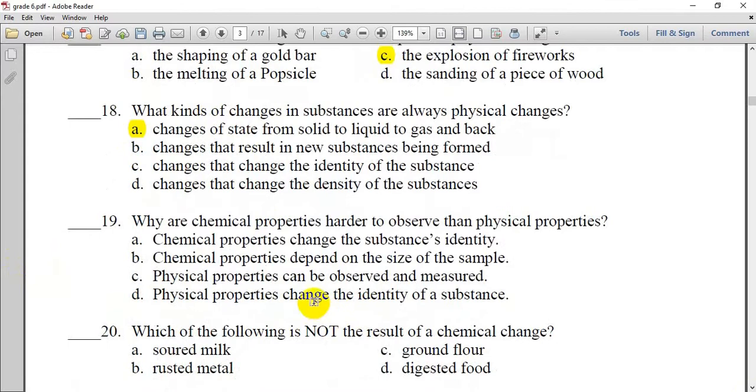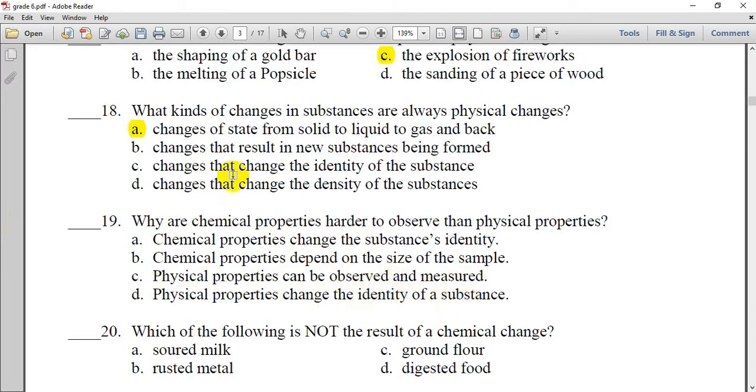Question 19. Why are chemical properties harder to observe than physical properties? Flammability or reactivity are hard to notice or observe because chemical properties change a substance's identity, or chemical properties depend on the size of the sample, or physical properties can be observed and measured, or physical properties change the identity of the substance.